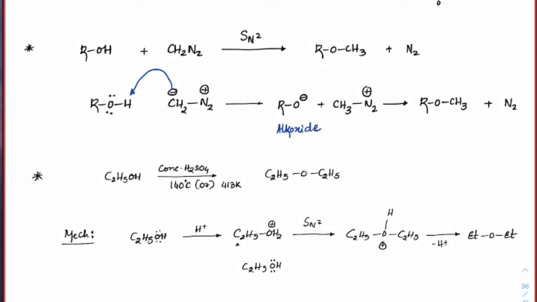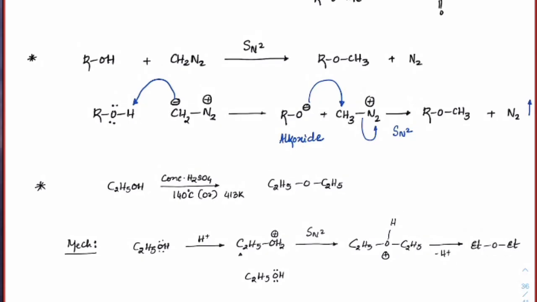And as it is made, now you can see we have an N2 which is a very strong leaving group, a very good leaving group. So as it leaves, O minus will attack. This is done by the SN2 mechanism. Again you will get ethers and N2 gas will be released. So in a way, if you observe, all the alkylation reactions are preparations of ethers.